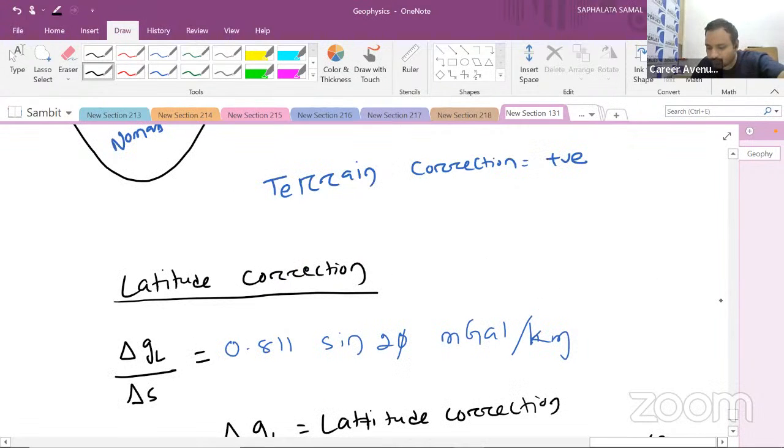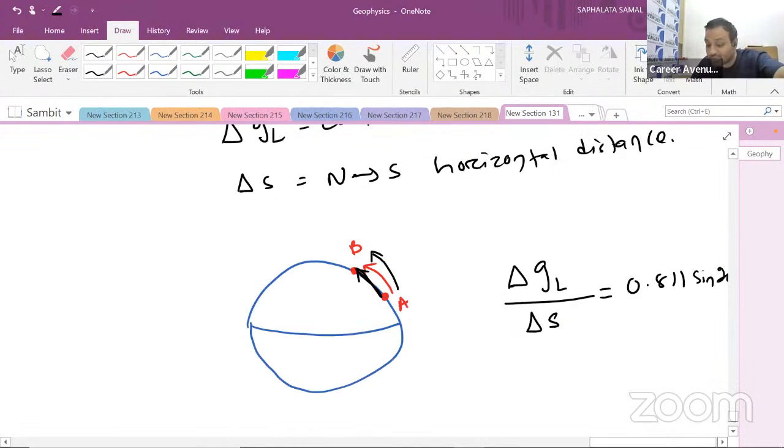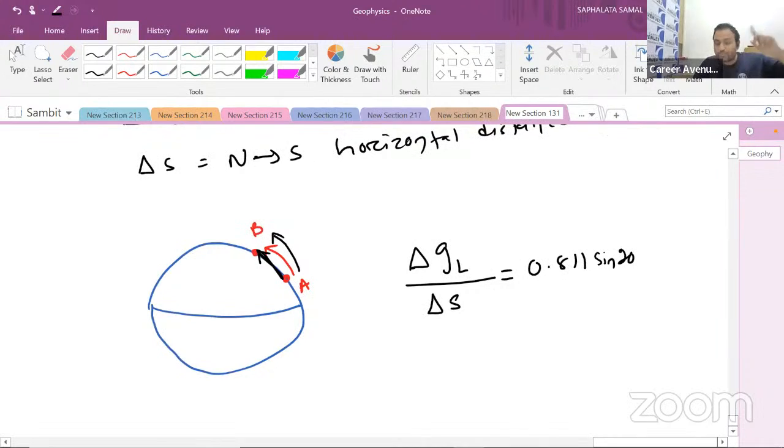No? It will not decrease, Lakshmi, it will increase, no? At the pole, the gravity value is more, maximum. At the equator, it is minimum. So I am going from the minimum position to the maximum position. The value will increase, no? Okay. Next.